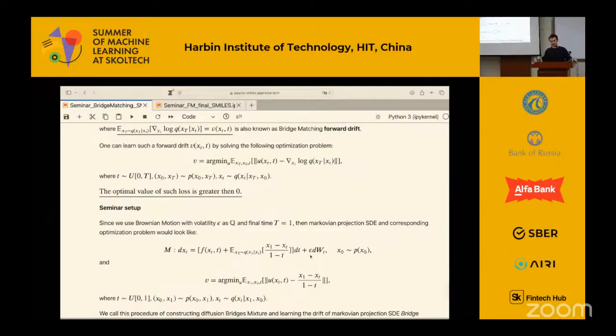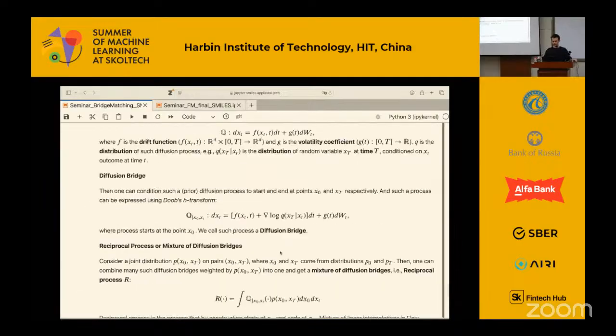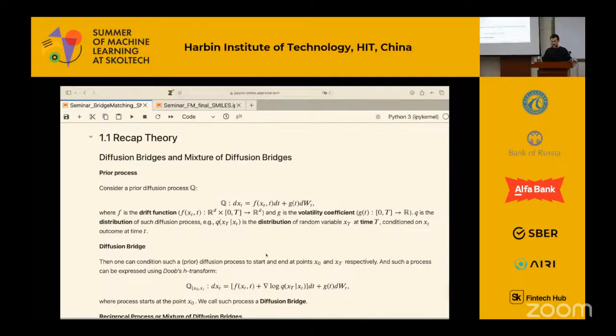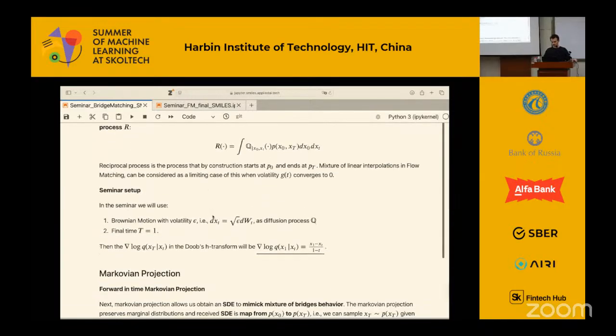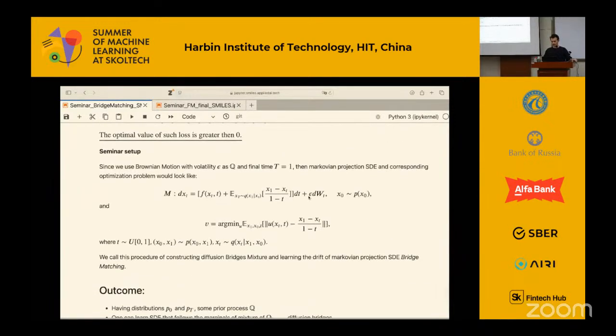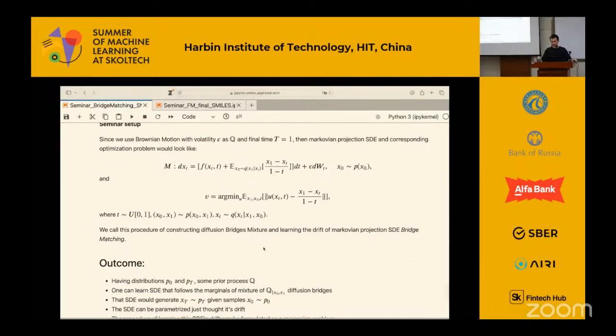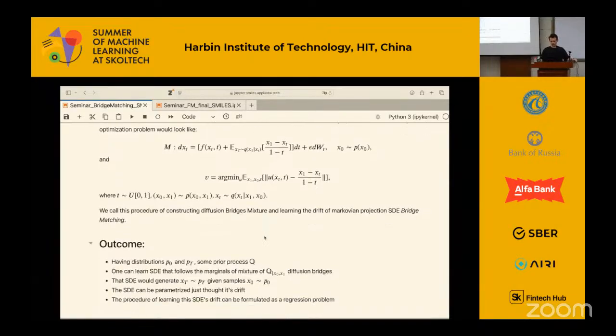And the beautiful thing about bridge matching is that we don't have to learn the volatility coefficient because it stays the same as in the prior process. So since in our case we have a Brownian motion process, the volatility coefficient will be the square root of epsilon. And in our resulting SDE, it will also be the square root of epsilon. And so yeah, we just parameterize our vector field by a neural network, solve a regression problem, and everything is great, everything is awesome. We have a stochastic differential equation that goes from one distribution to another distribution.